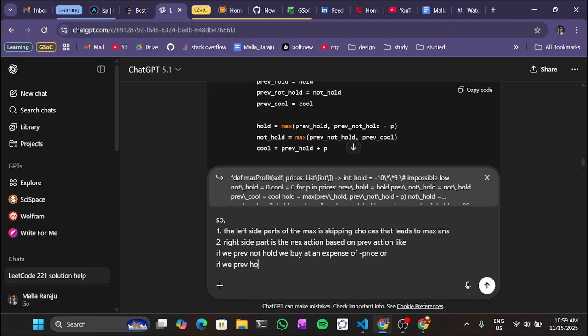If we previously hold, then we sell at a profit of current price.